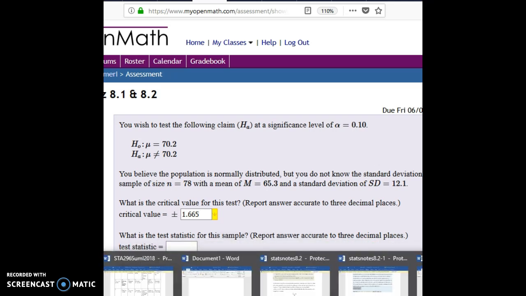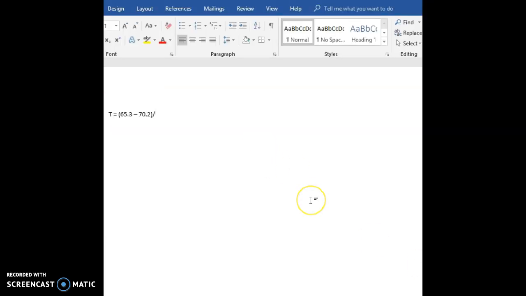All right, so 12.1 divided by the square root, and I'll just do this rather than it taking forever to look up the symbol for it.